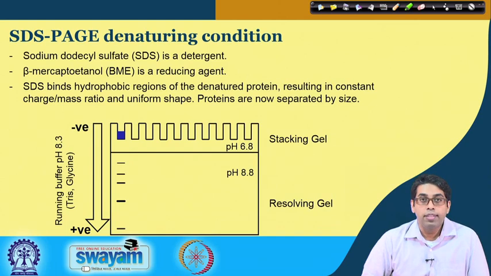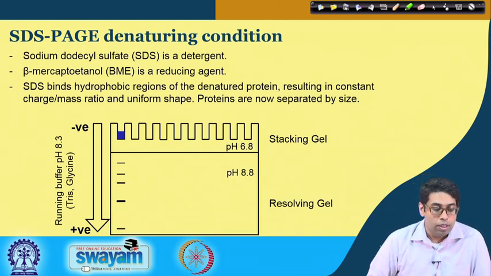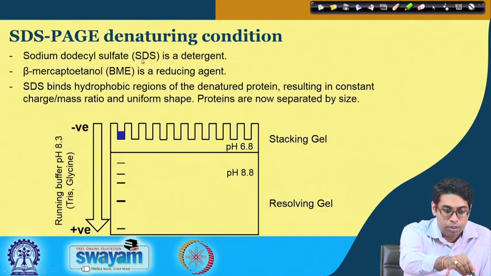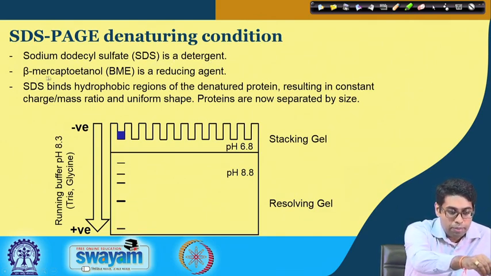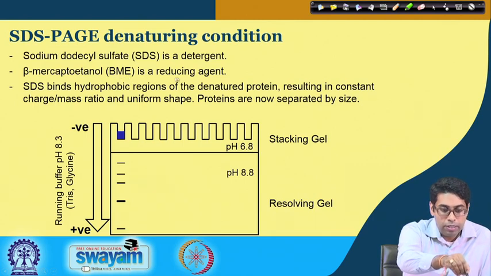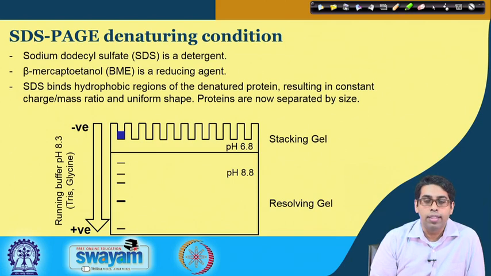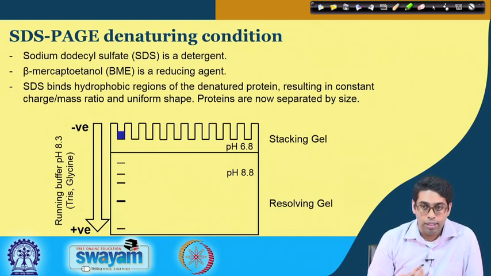So, in case of SDS-PAGE denaturing gel, there are two more chemicals that are added. One is sodium dodecyl sulfate or SDS, which is a detergent, and the other one is beta mercaptoethanol or BME, which is a reducing agent. So, BME breaks all the disulfide bonds that are there in a protein.